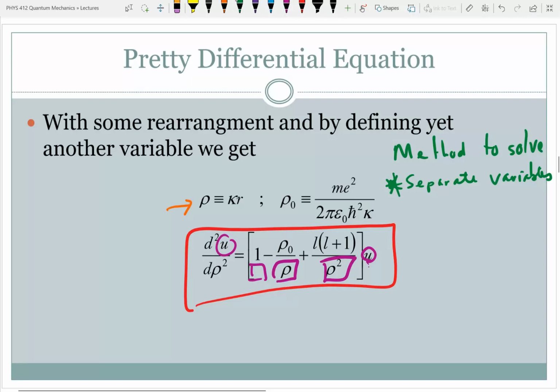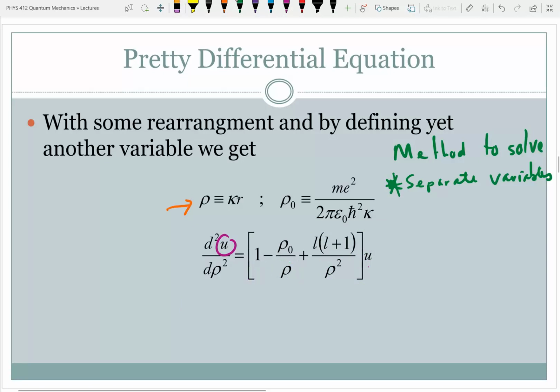Multiply by rho, you get rid of rho in the second term, but add it to the first term. It's not an option. If it was, that's what we would do and be done.